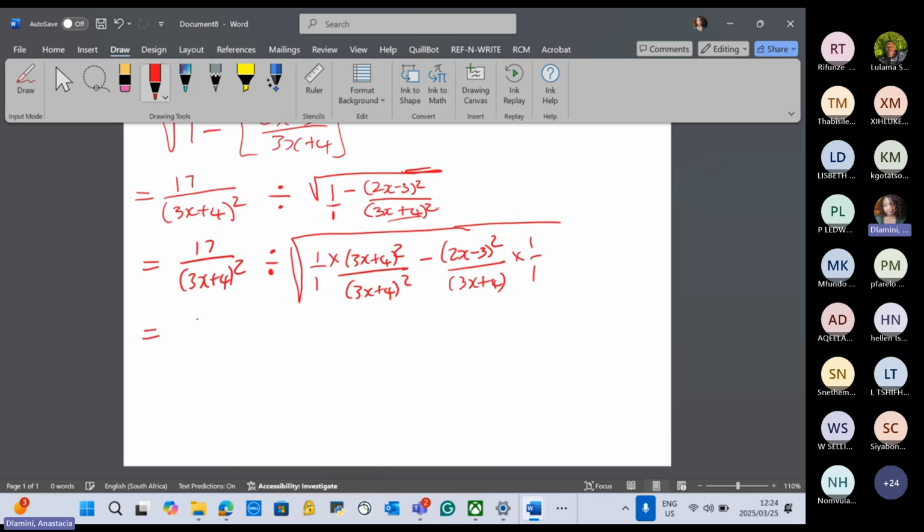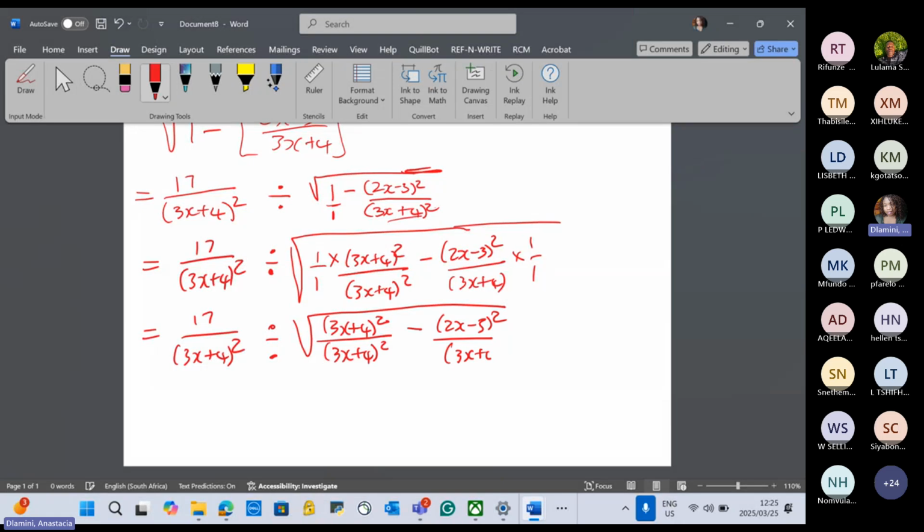So then this is equal to 17 over 3x plus 4 squared divided by the square root of, look at this, 3x plus 4 squared over 3x plus 4 squared minus 2x minus 3 squared over 3x plus 4 squared. There. So now the denominators are the same, so you take the denominator and do whatever you want to do with the numerator.